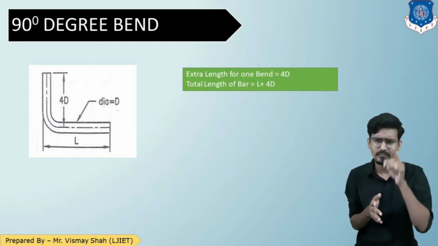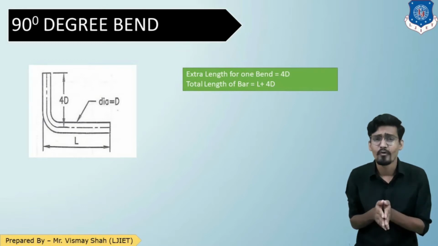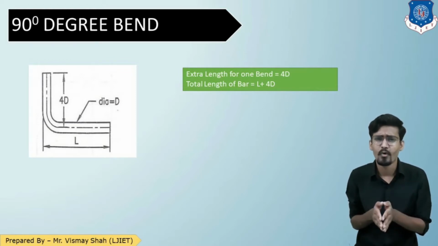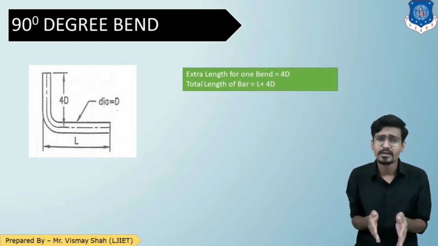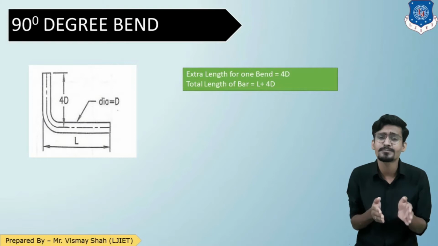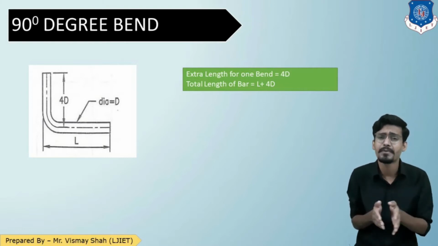So if the vertical length is L and the bent up is considered as 4D, the total length will become L plus 4D. On site or in general practice, a minimum 300 mm bend is always provided. Whenever you have to bend your reinforcement bar as L, minimum it should be 300 mm. I hope we are clear about this.